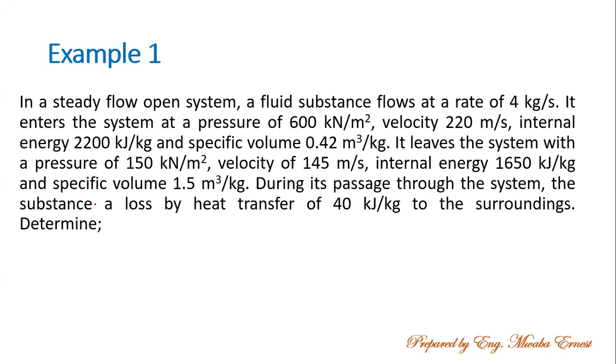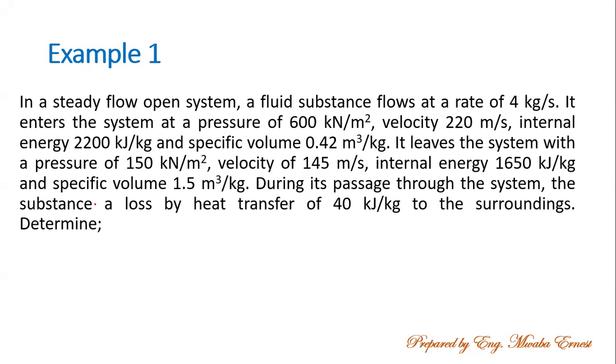Then when leaving, the pressure is 150, velocity 145, internal energy 1650 kilojoules per kg, and specific volume 1.5 cubic meters per kg. So this is the information that we've been provided.